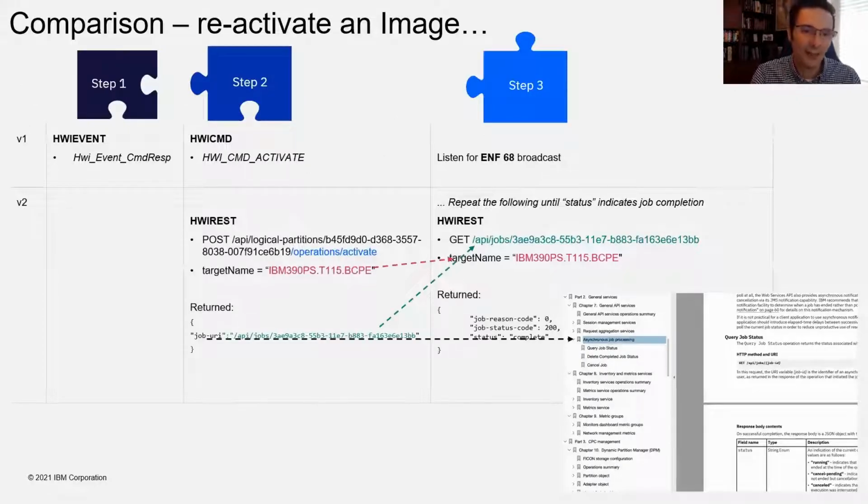Well, in version 1, that's a command. And so for commands, I actually need to register with HWI event for command responses. I then had to code an ENF exit that would be able to get back that notification. And I would then issue the HWI command activate command to actually be able to issue that command.